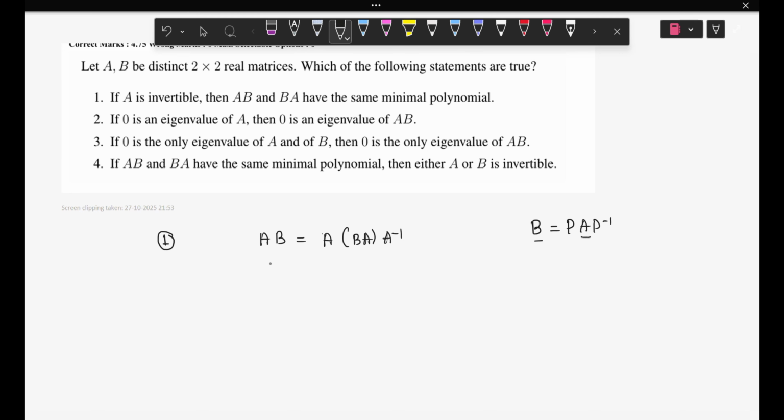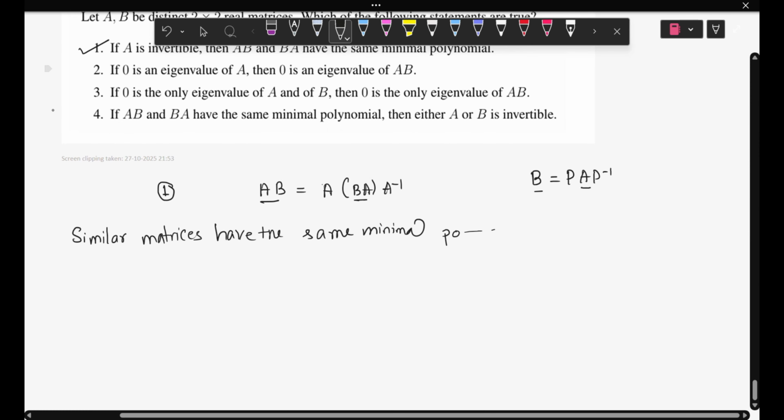So if A is invertible, then AB and BA are similar matrices. Now similar matrices always have the same minimal polynomial. So we can say that if A is invertible, then the minimal polynomial of AB and BA will be the same.